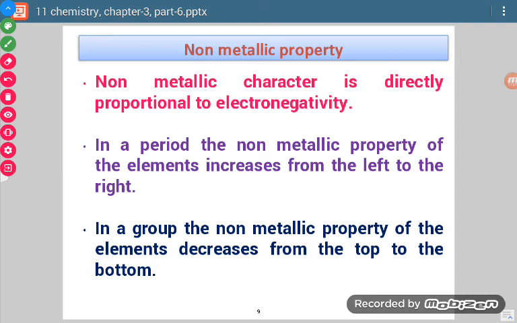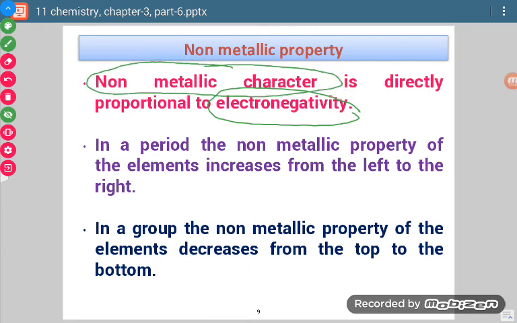Now how can we say that something is non-metallic? It depends on its electronegativity value. If a particular substance is more electronegative, then we say it is non-metallic in nature. So non-metallic character is directly proportional to electronegativity. When we move in a period, non-metallic property increases from left to right.